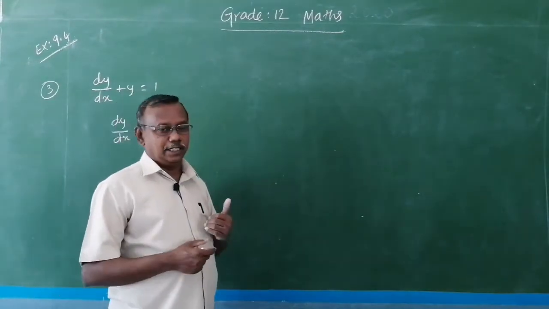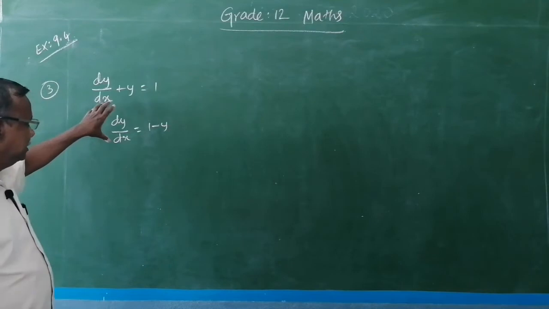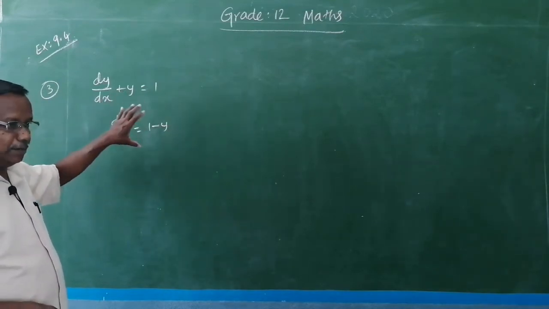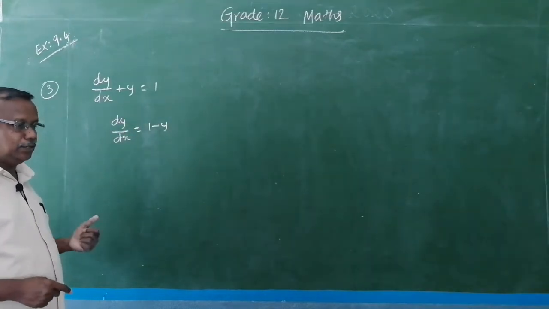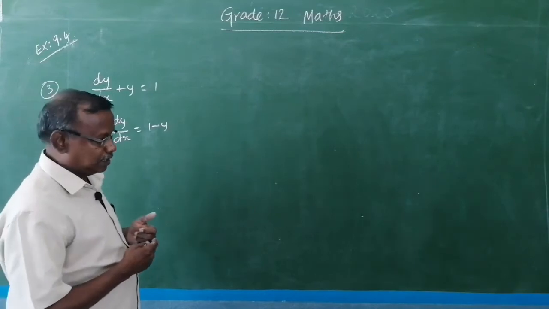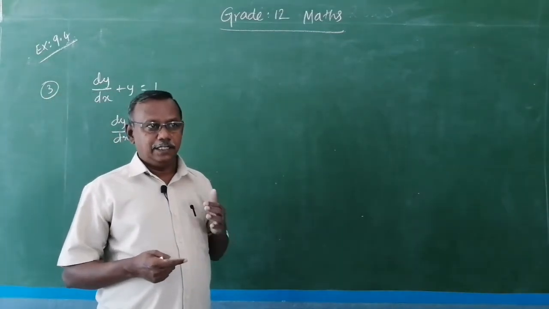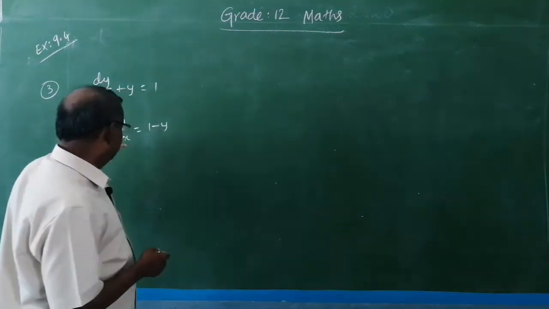So only an equivalent answer we can get. For any form of solving the differential equation, the equivalent answers are acceptable for full marks. So you need not worry that the final answer should be the same as the book answer, we can only try, otherwise we can derive the equivalent answer for the same.